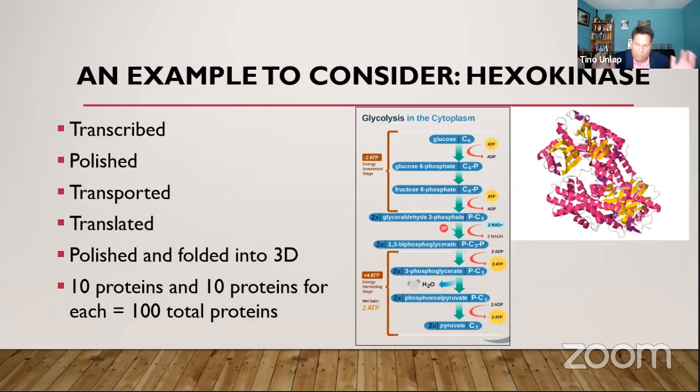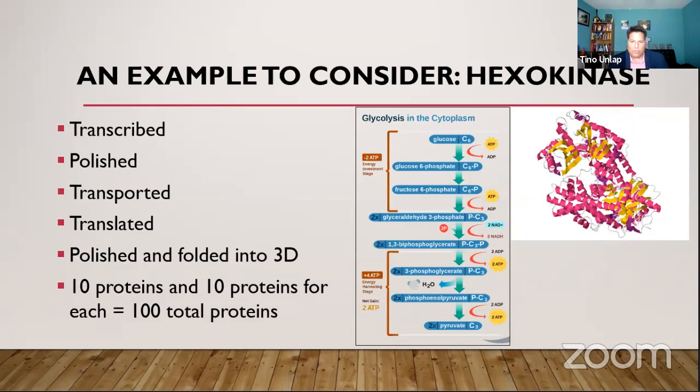We don't know all the proteins that are involved in the transcription process and the translation process. So I'll give an example as we close this and see if you can make a statement after I do this. Let's look at one of the machines, and the machine is called HEXOKINASE. You see that 3-dimensional structure on the right.